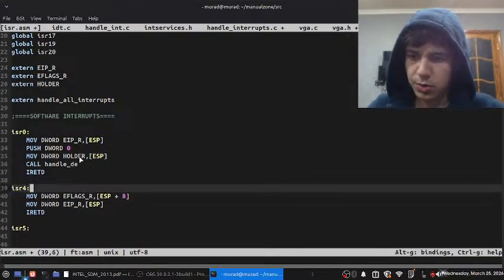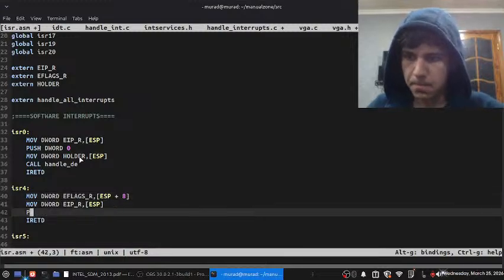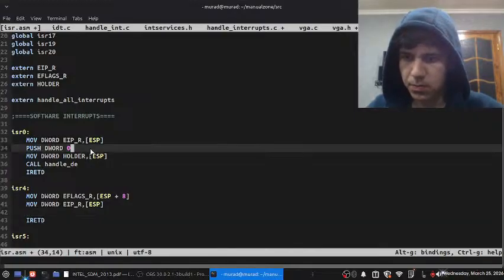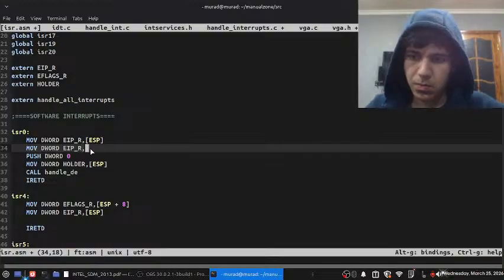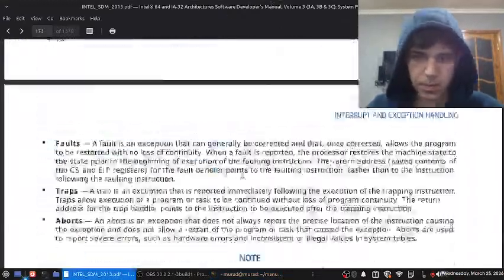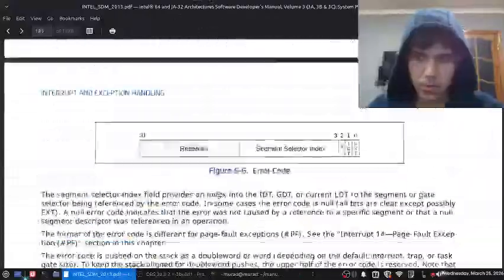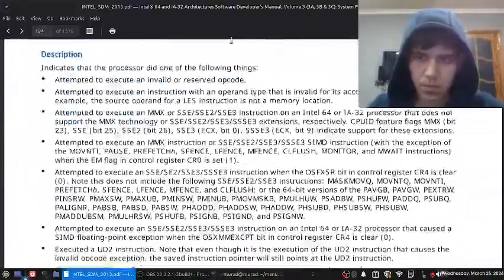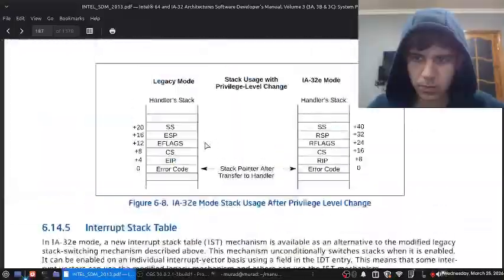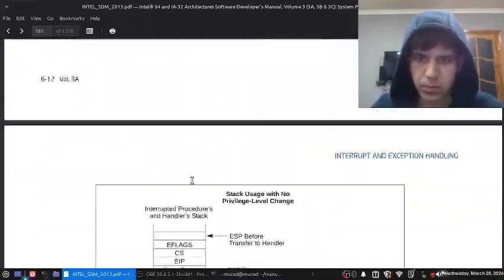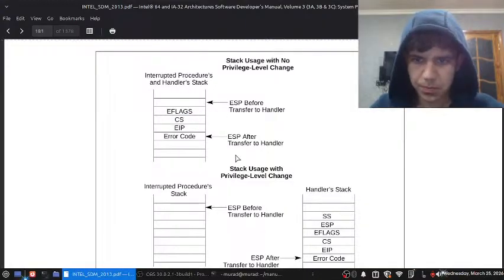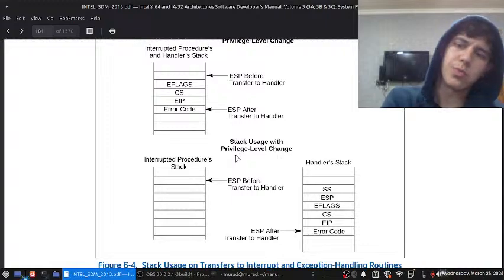Okay, so yeah, the instruction pointer points to the error code.